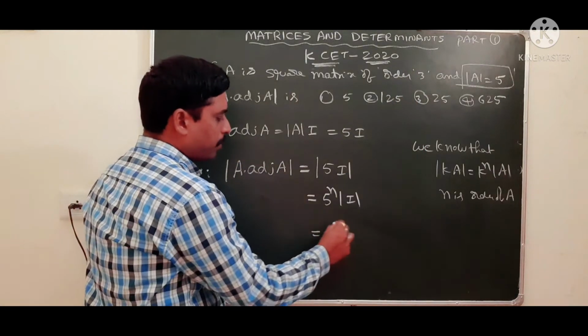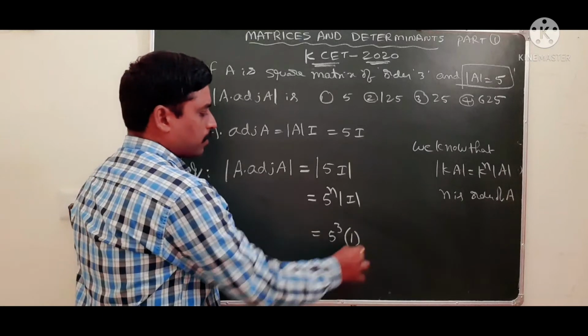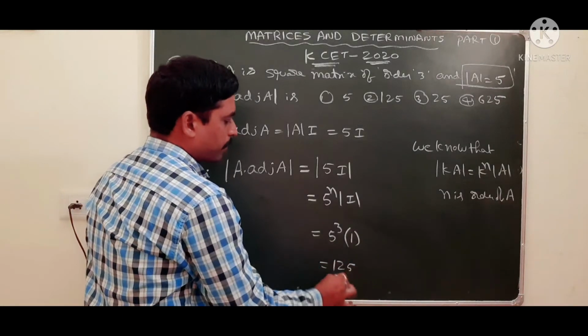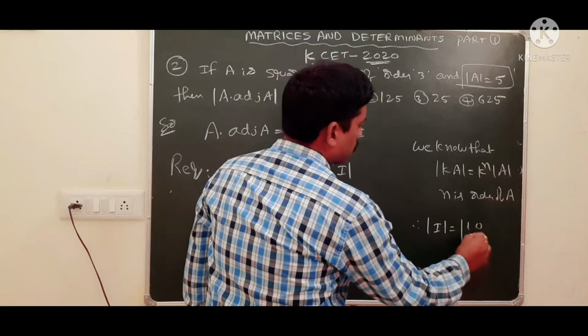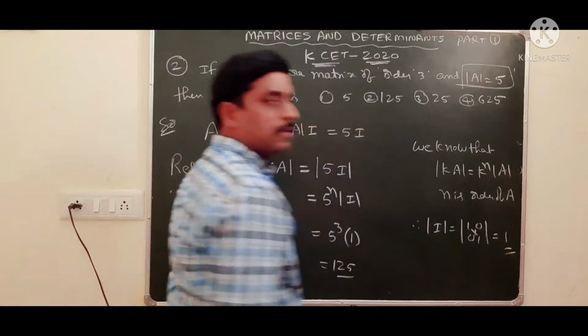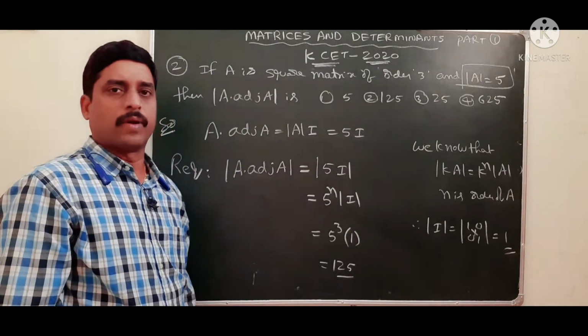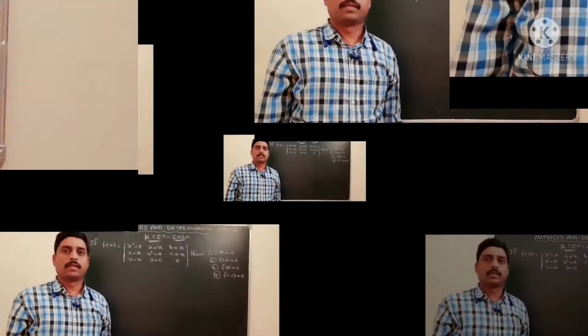Therefore 5 cube into determinant of the unit matrix, which has value 1, since determinant of I is determinant of 1 0 0 1, and the formula is AD minus BC. So the answer is 125. The second option is correct.